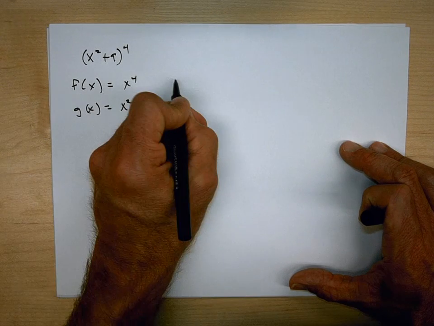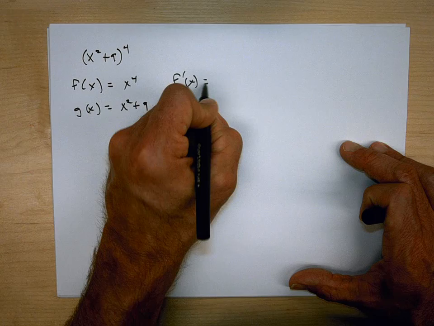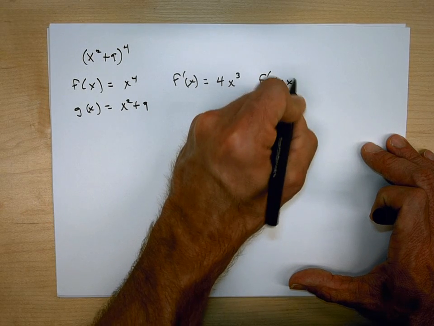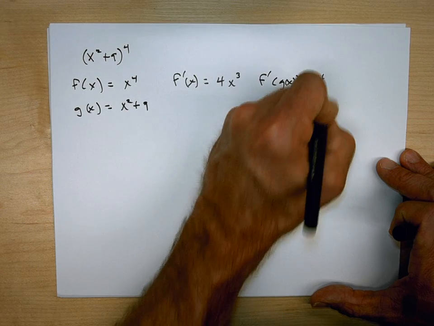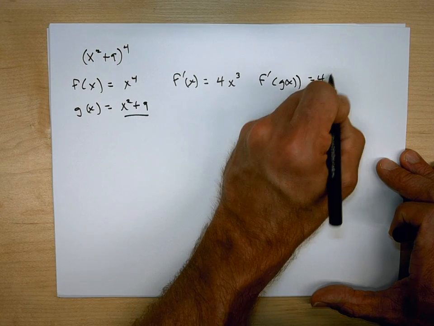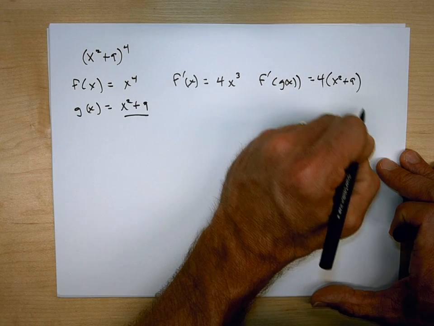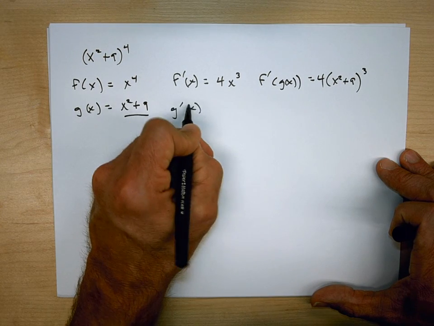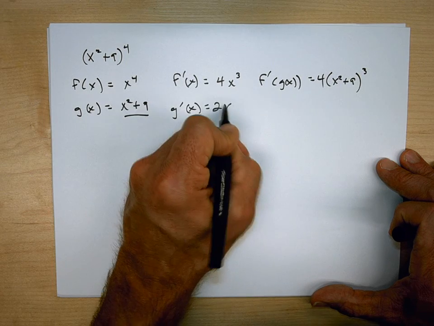So f prime of x, of course, is just 4x cubed, and f prime of g of x is 4, and now I'm going to put in g of x for x here, so it's 4 times x squared plus 9 cubed. And then g prime is just going to be 2x.